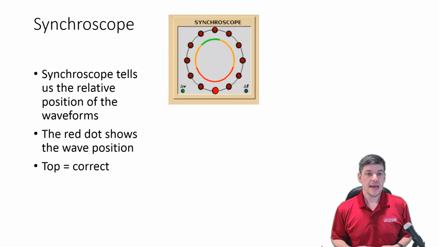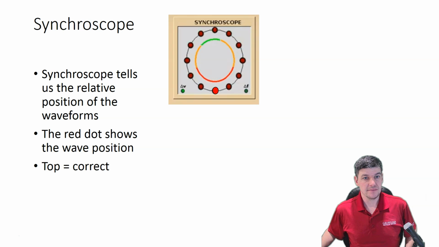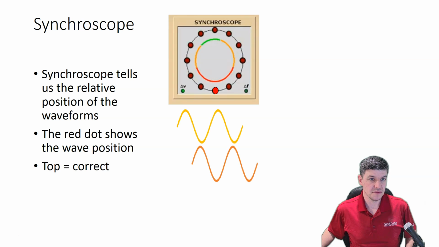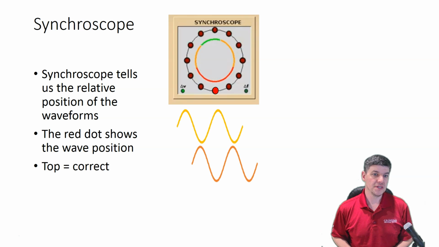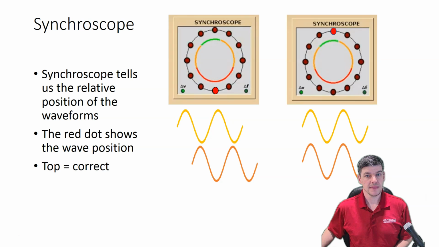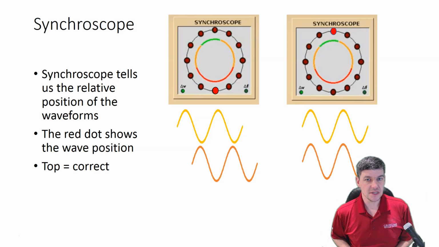Okay. And what we want to do is find out where is the correct time. Well, we have positions. The bottom position is the incorrect position, and what it would look like would be the teeth are absolutely not lined up. Okay, or the waves. And if it's at the very top, that's where those teeth are in the correct position.